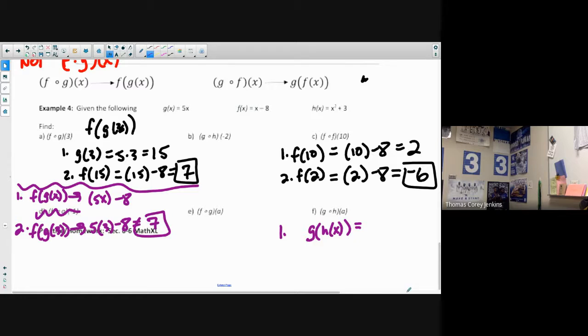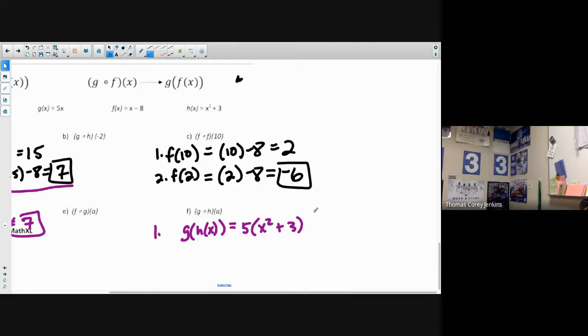We can leave it as is or distribute to get 5x squared plus 15. Now that I know that, I can find g of h of a, which would be, now we take our new rule and sub in a where we had x. All that's going to do is replace the variable x with the variable a.